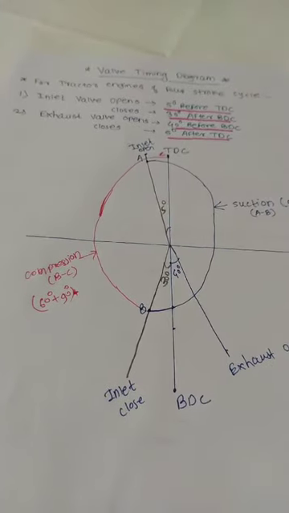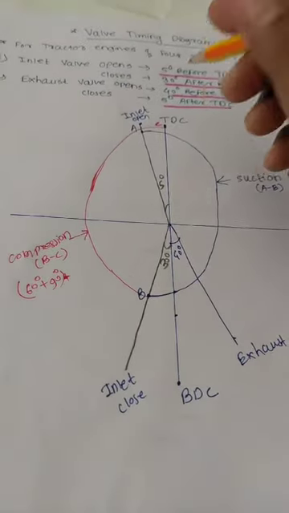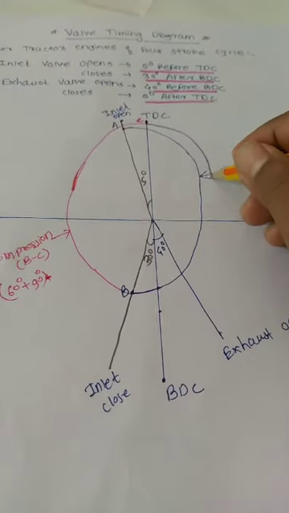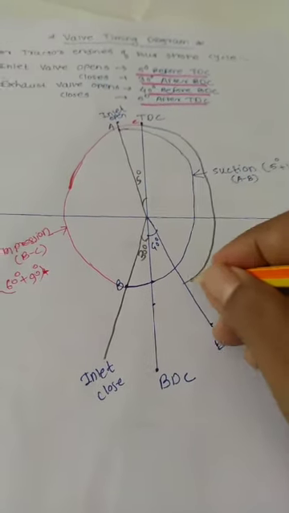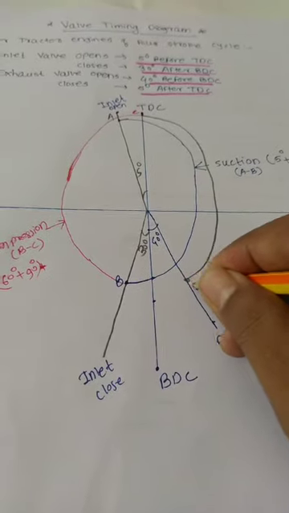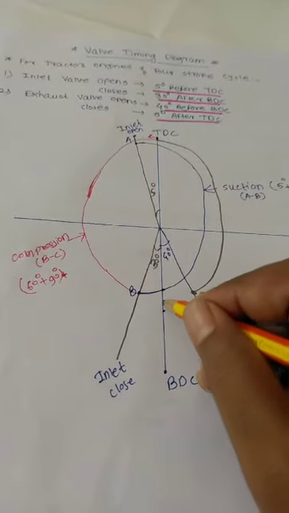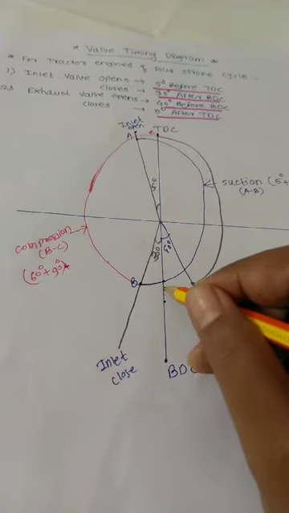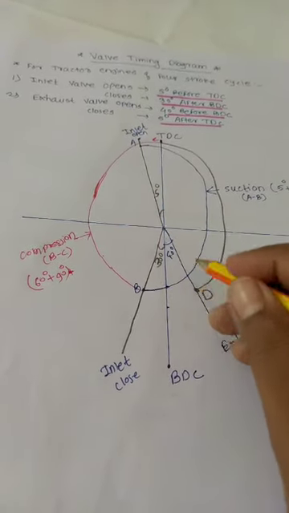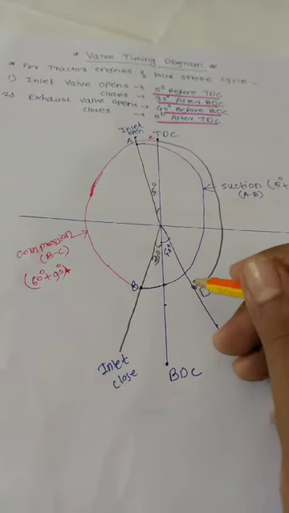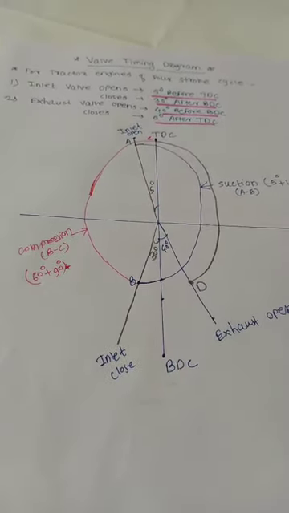That's why the power stroke is from C to this point, called D. The end of the power stroke is 40 degree before BDC.